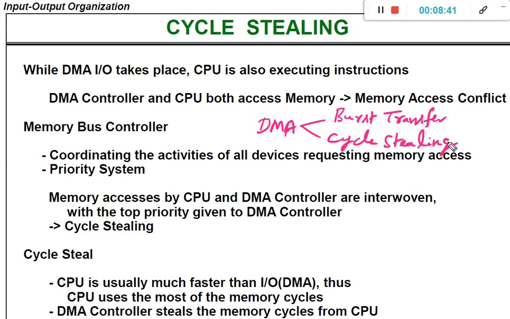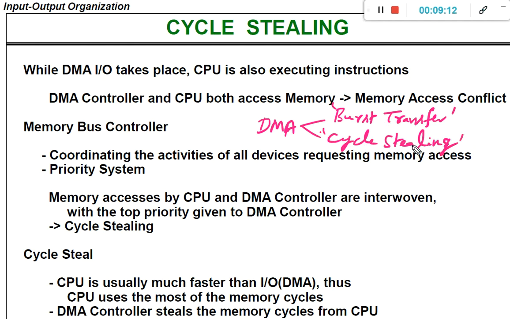As far as burst transfer is concerned, whatever we have seen in the previous slide comes under burst transfer. We specify the starting address and the number of words to be transmitted. Then the entire number of words will be transmitted once the DMA controller acquires the control. Until the entire data is transmitted, the DMA controller is going to hold the entire control of data transmission.